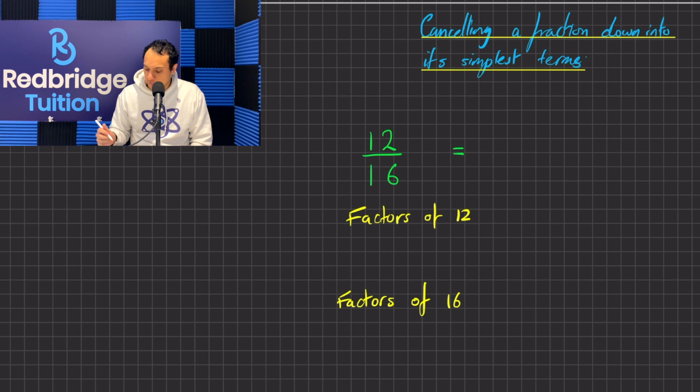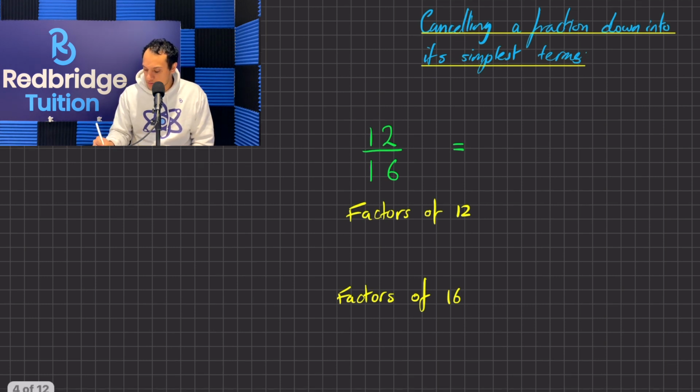Let's just walk through an example here. So we've got 12 over 16. Well, let's work out how to write this in its simplest terms. First of all, we're going to think of the factors of 12 and then the factors of 16. So I like to group them in pairs because that's a lot easier to do.